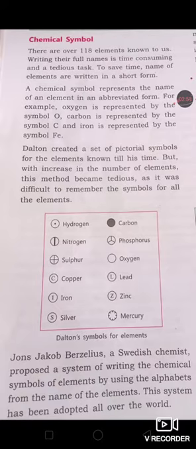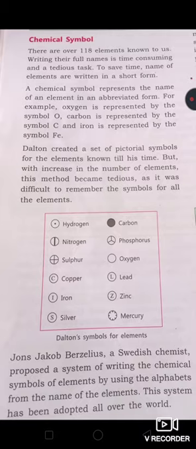Then Johannes Jacob Berzelius, a Swedish chemist, proposed a system of writing the chemical symbols of elements by using alphabets from the names of the elements. This system has been adopted all over the world.